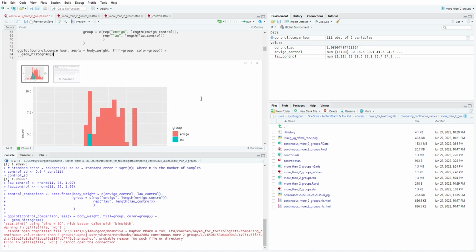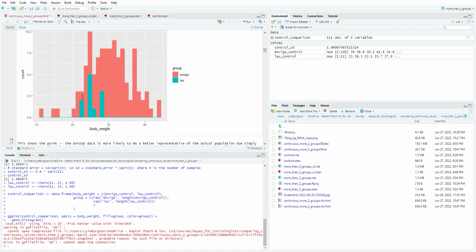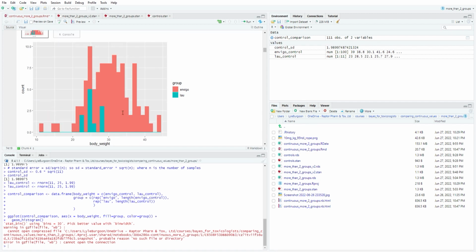Let's do that. So you can see this red blob, that is the Envigo distribution. And then you can see this, I guess it's teal-ish color. That would be the Lau et al. distribution. So what you see going on here is the Lau distribution is kind of on the lower end of normal for the Envigo study.